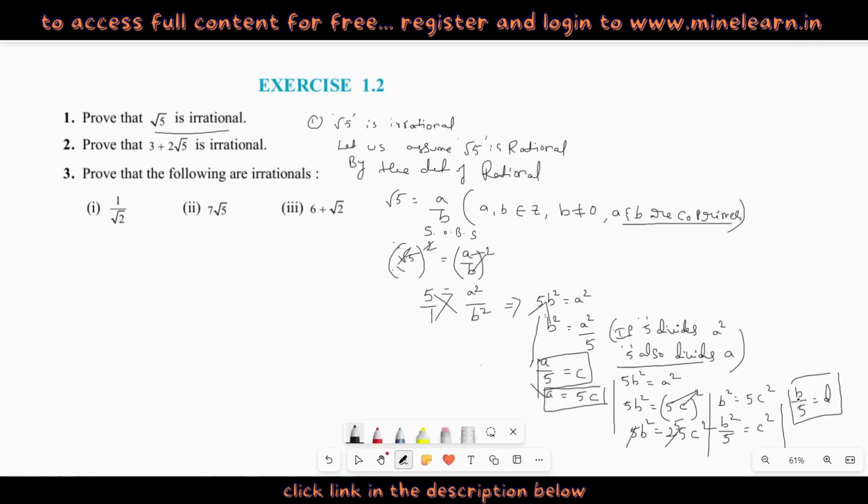So what is the conclusion here? A and b are both divisible by 5, so a and b are not co-primes. So our assumption is a contradiction. Root 5 is not rational, root 5 is irrational.